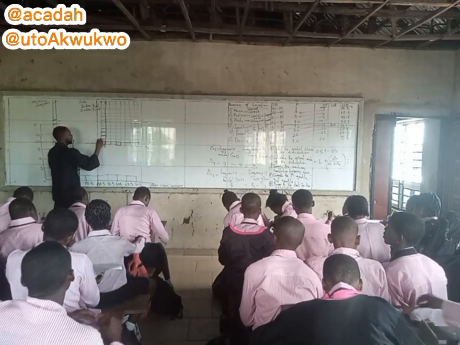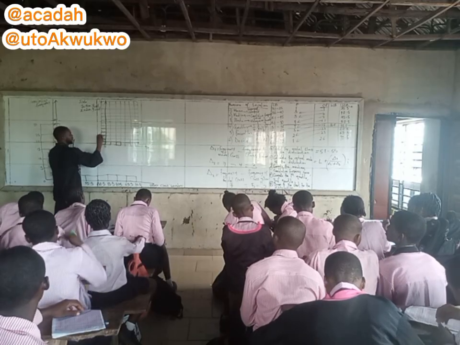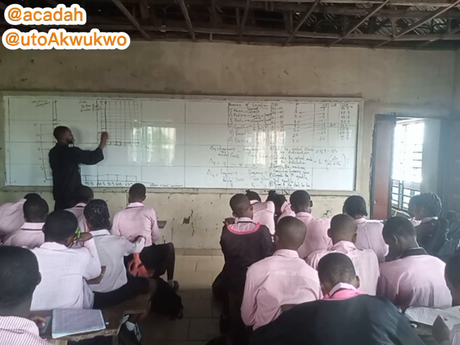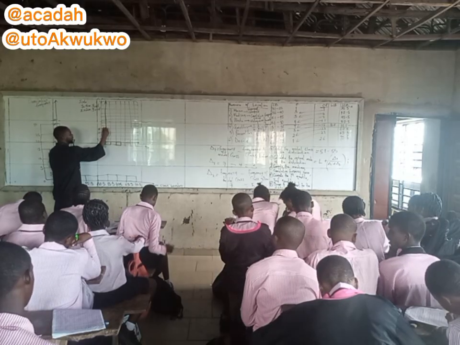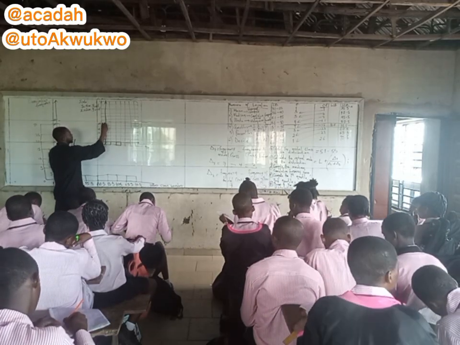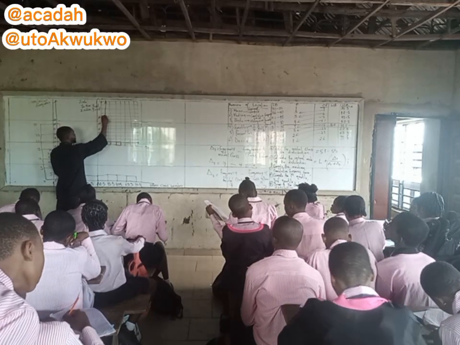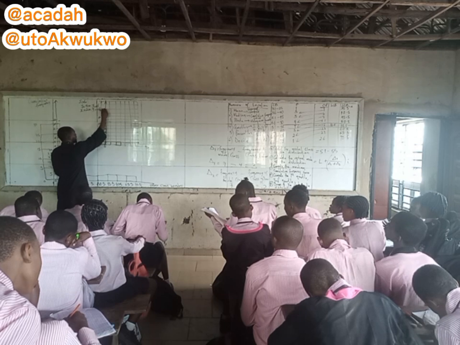You have 5. That 5 is also here. You have 10. That 10 is also here. You have 15. That 15 is also here. You have 20. That 20 is also here. You have 25. That 25 is also here. Then you have 30. That 30 is also here.